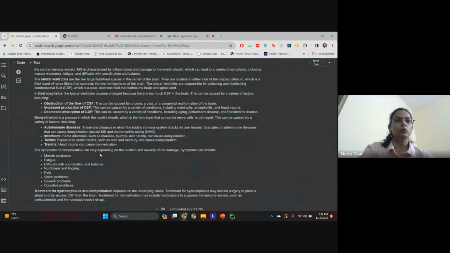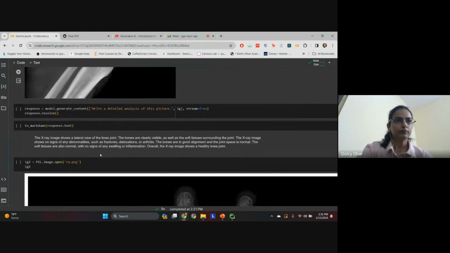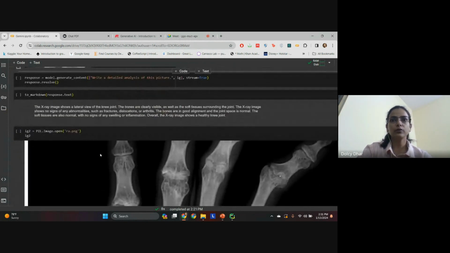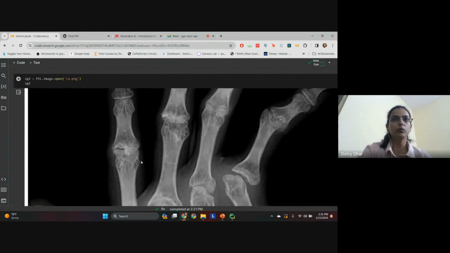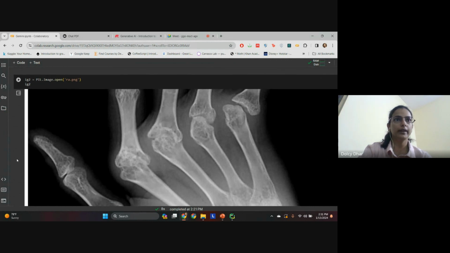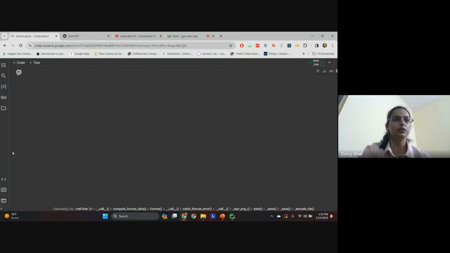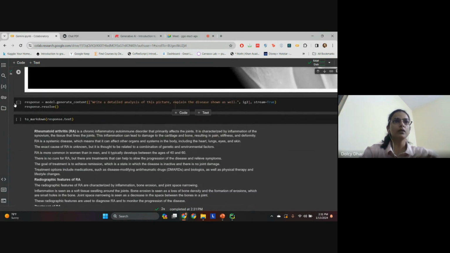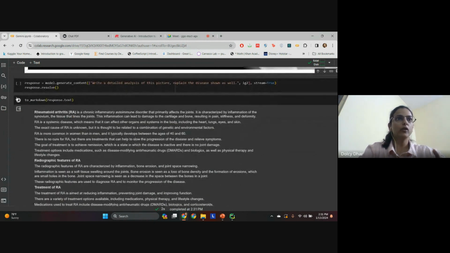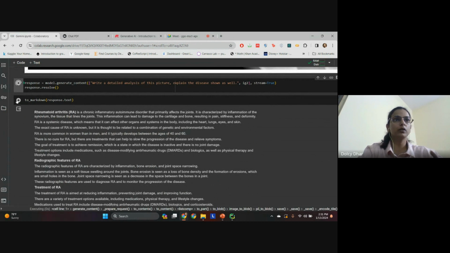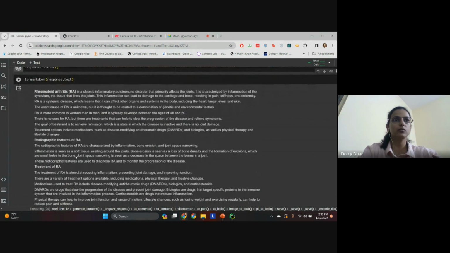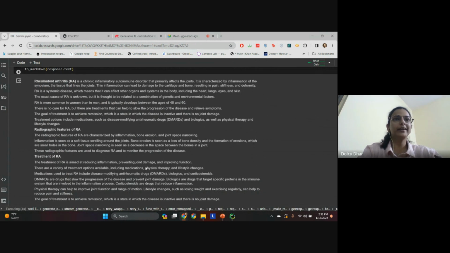Okay, so moving on. Like I told you, I used four images. This is a rheumatoid arthritis image that I actually used, and let's see what answer it gives us. I'd already run this notebook before joining the webinar, and this is what it gave me, a very detailed understanding of what rheumatoid arthritis is.